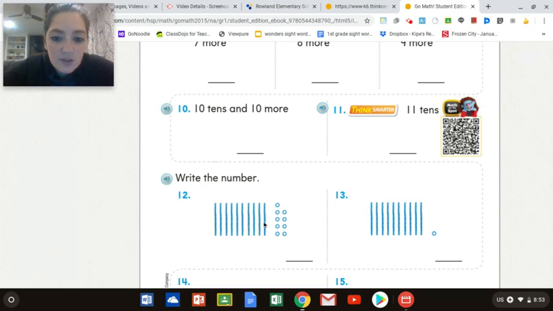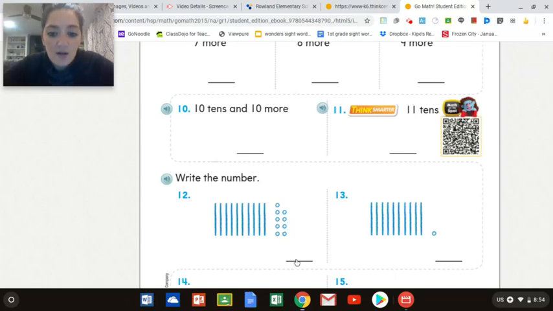We have 100 and 1, 2, 3, 4, 5, 6, 7, 8, 9 more. So you could say 100, 101, 102, 103, 104, 105, 106, 107, 108, 109.